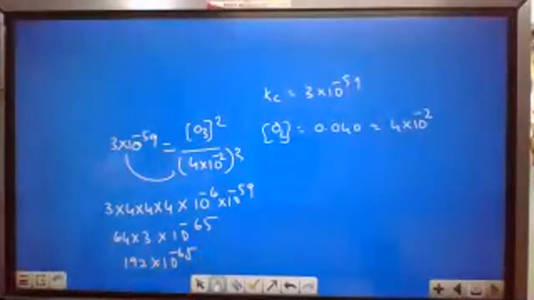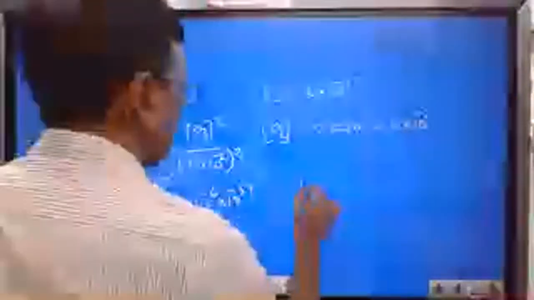So this can be written as 19.2 into 10 to the power of minus 64 is equal to O3 concentration square. We want O3. So under root of 19.2 into 10 to the power of minus 64 is equal to O3 concentration. So root, forget about root. 10 power minus 64 will become 10 power minus 32.